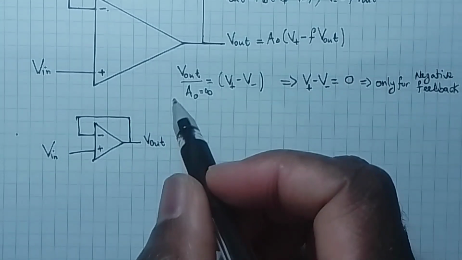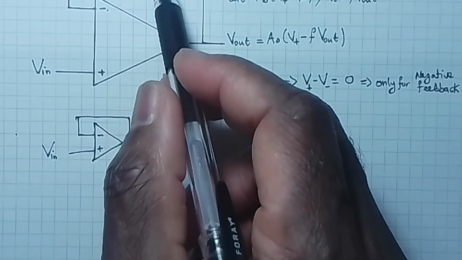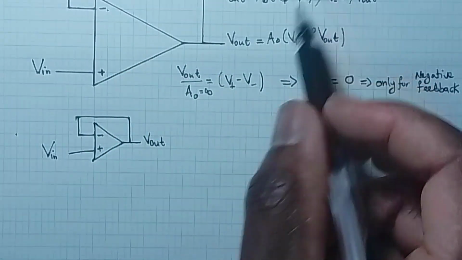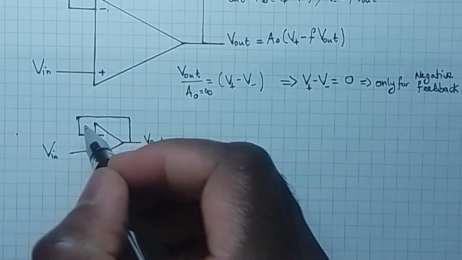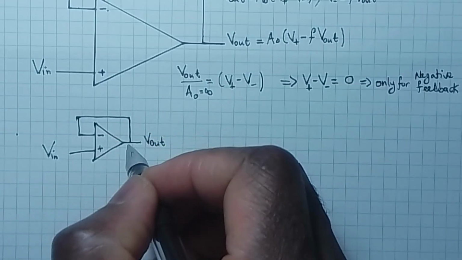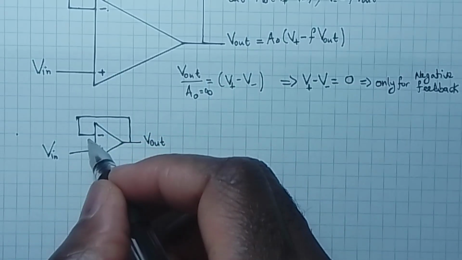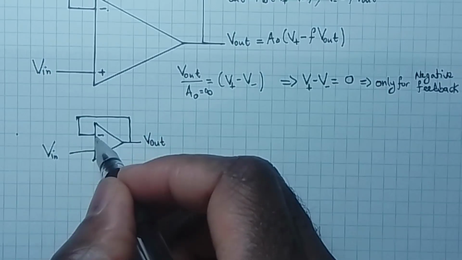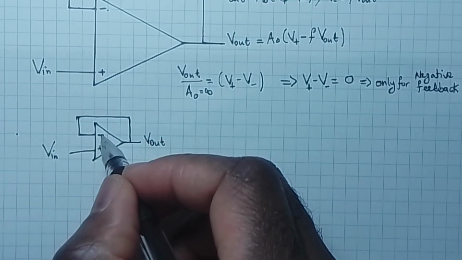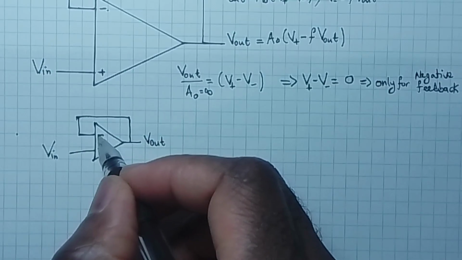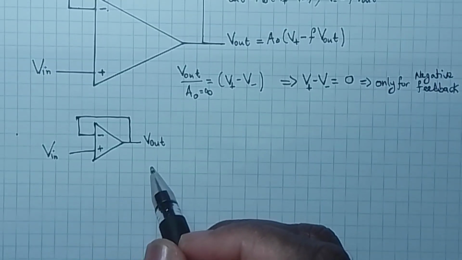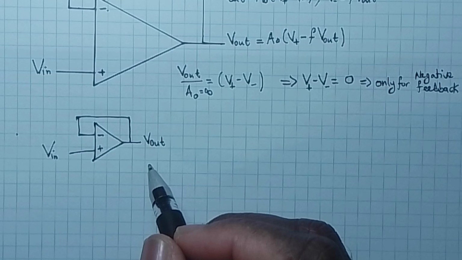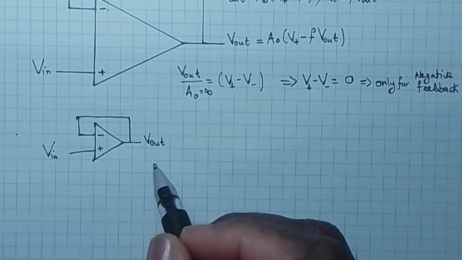Here we've used a simple wire for the negative feedback network. So we have a straight connection from the output to the inverting input terminal. Since we are dealing with negative feedback, we can apply rule 4.